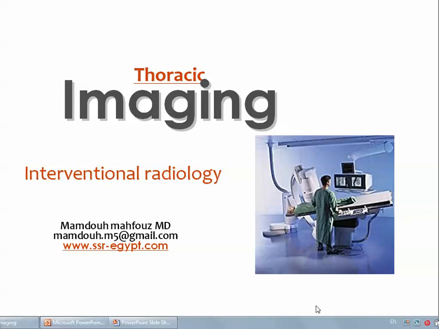Actually, this lecture is designed to give you, as a radiologist and also as a clinician, the most common available interventional diagnostic techniques for different thoracic diseases, so that you can select one of these interventional techniques whenever it is relevant to your battery of evaluation.